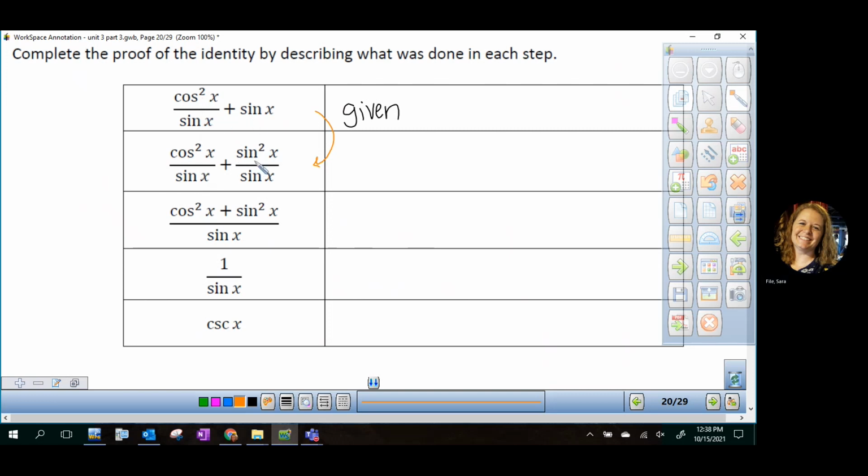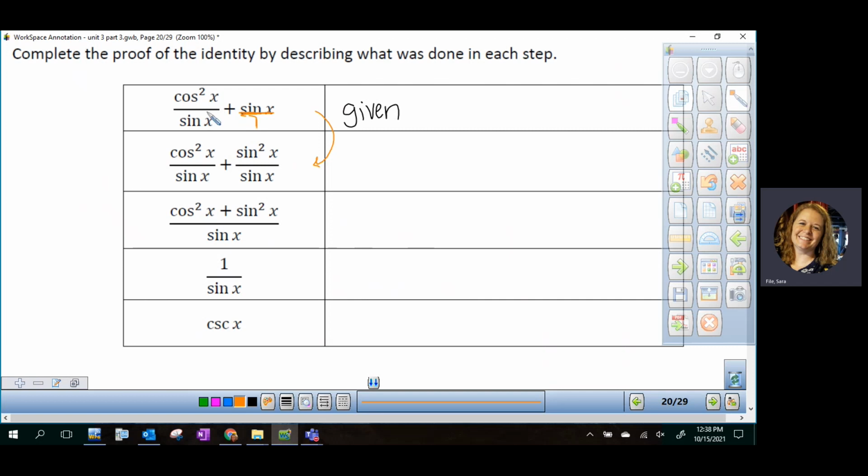Okay, it's different. How was it changed? Do y'all see what they did? Yes, Alex, you just said it. They got a common denominator. The whole point in this step right here, what is sine of x over? An understood 1.